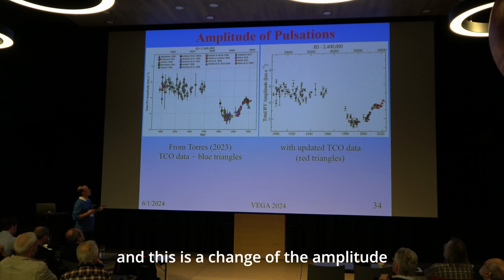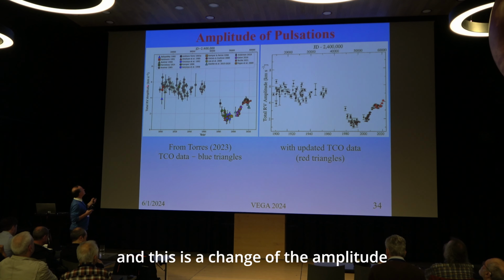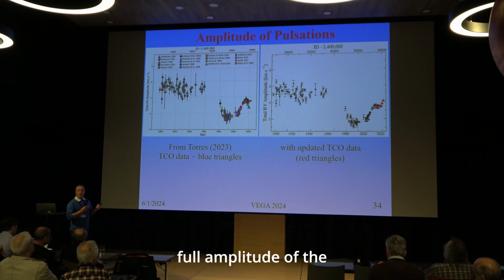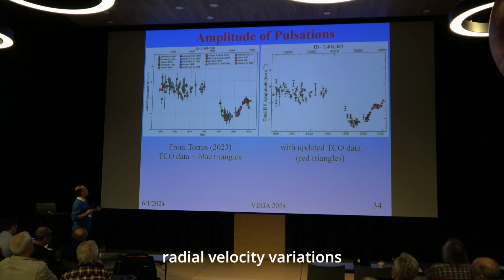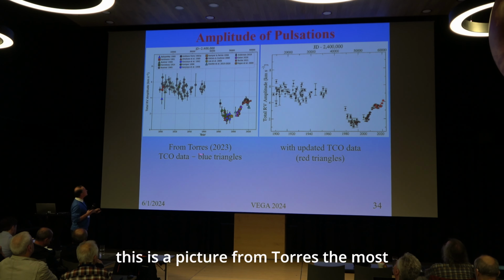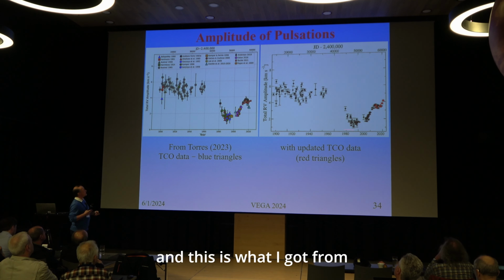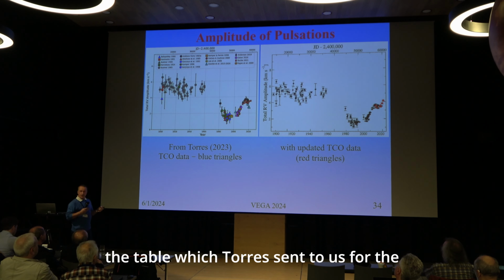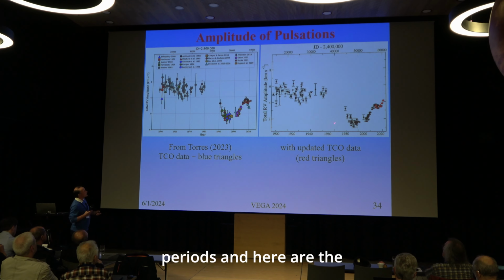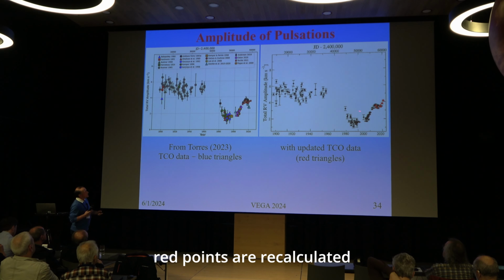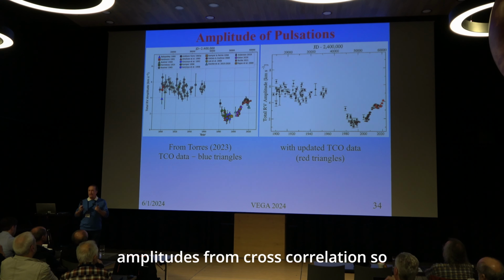And this is a change of the full amplitude of the radial velocity variations. This is a picture from Torres, the most recent paper on this orbit. And this is what I got from the table which Torres sent to us for the periods. Here the red points are recalculated amplitudes from cross correlation.